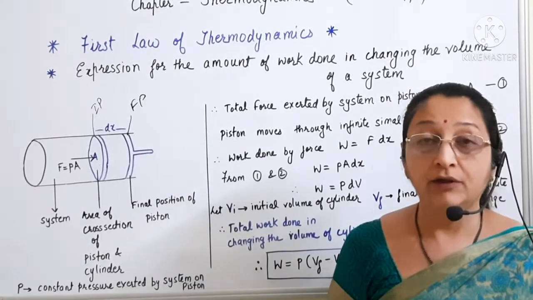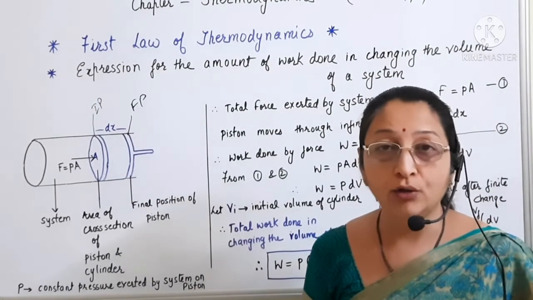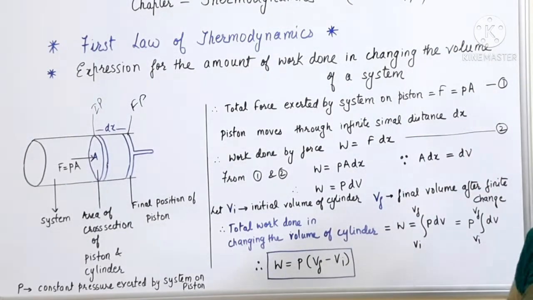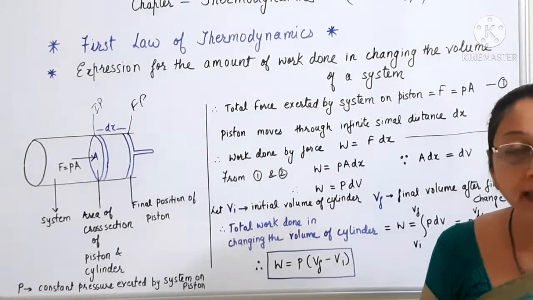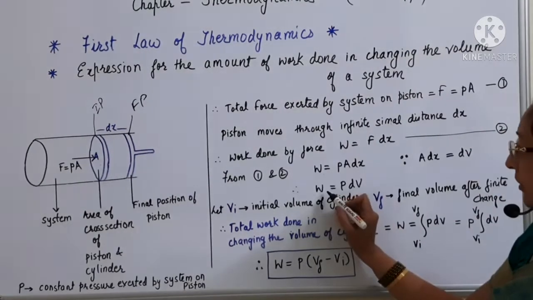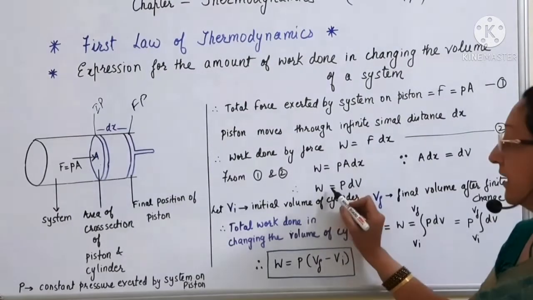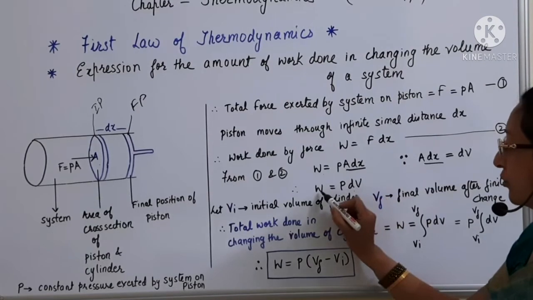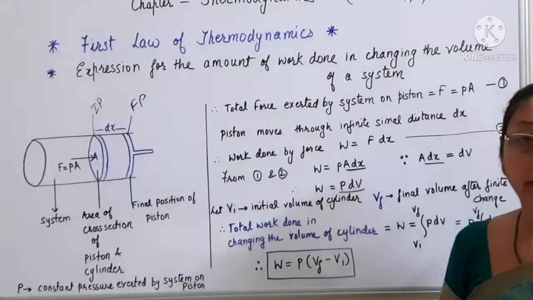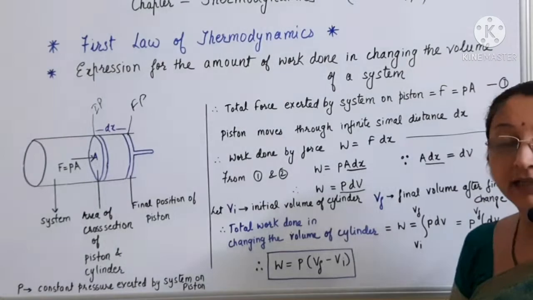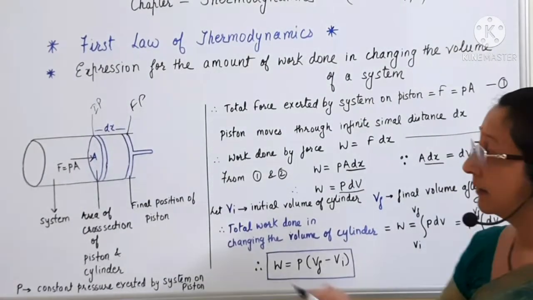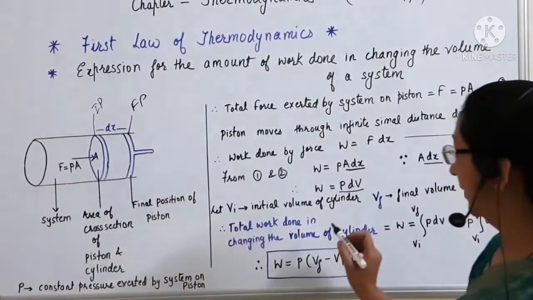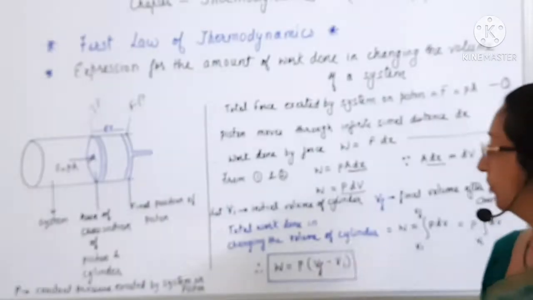So A into dx is equal to dV, the increased volume of the cylinder. So instead of A dx, we write dV. So W is equal to P dV, where P is the pressure exerted by the system on the piston and dV is the increase in volume.